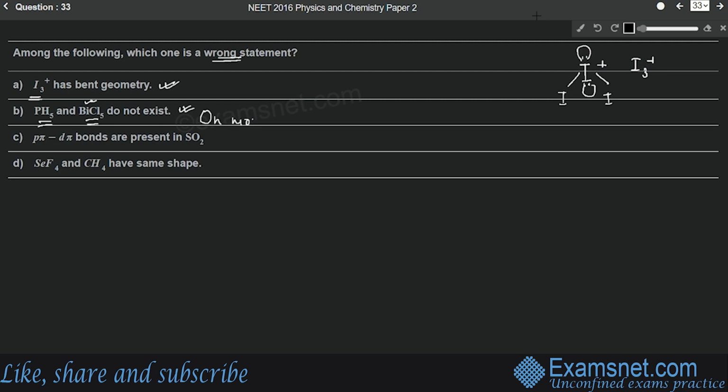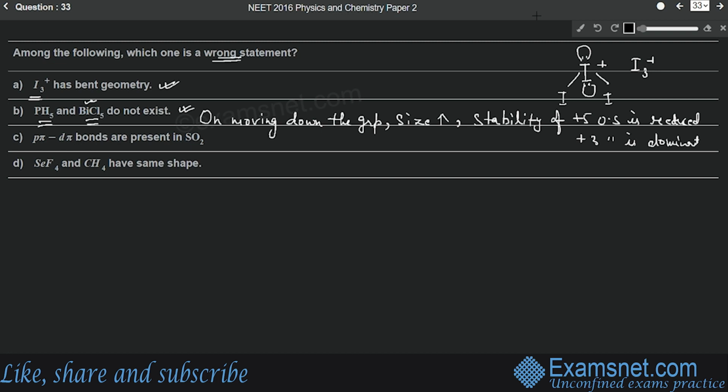On moving down the group, the size of the atom increases, and due to this the stability of the +5 oxidation state decreases. The stability of the +5 oxidation state is reduced, and which one becomes dominant? The +3 oxidation state is dominant.